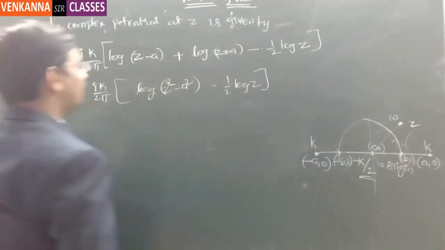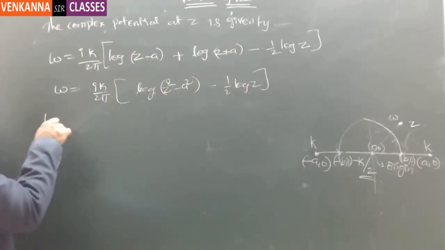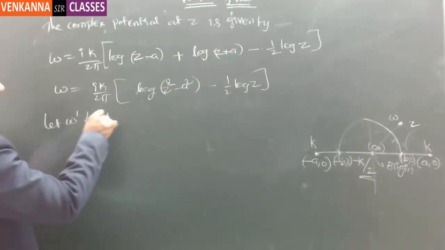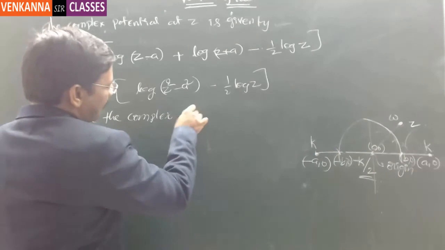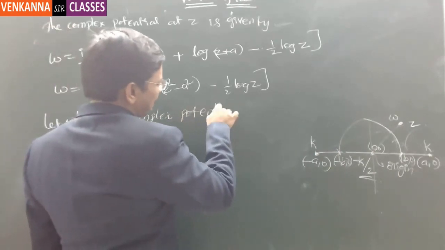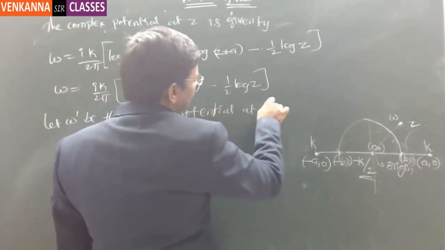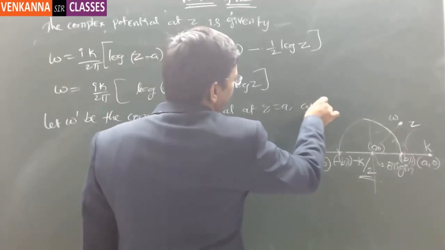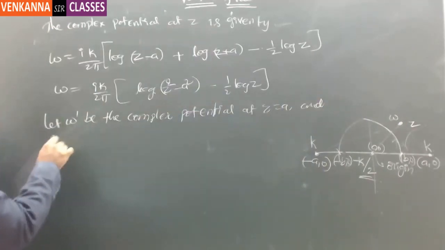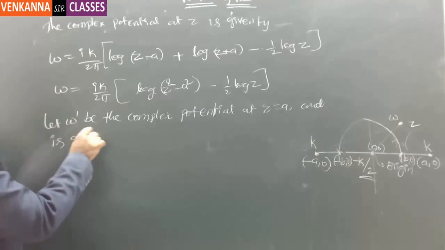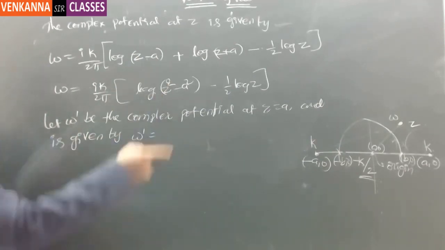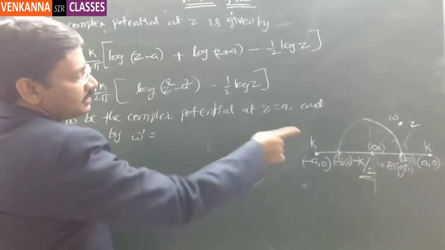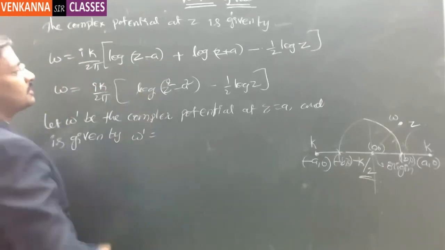So let W dash be the complex potential at Z equal to A, and it is given by W dash equal to, you have to remove the effect of Z minus A, that is, remove this particular term.